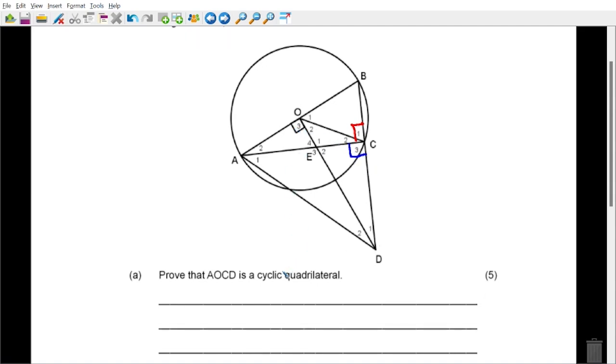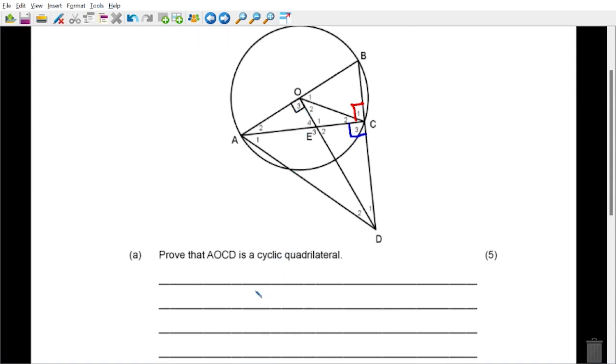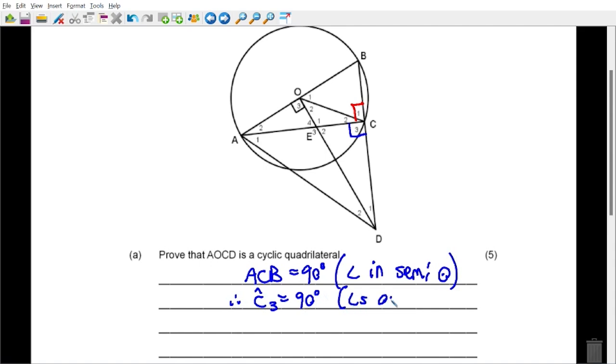All right, so I'm going to write all of that down. Okay. Angle ACB is 90 degrees. Angle in semicircle. Therefore, C3 equals 90 degrees. Angles on a straight line.